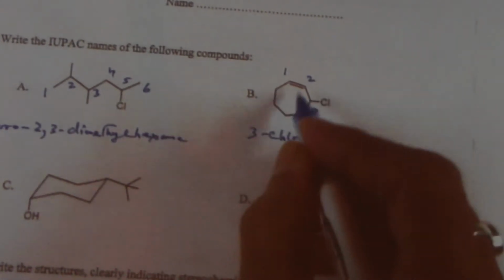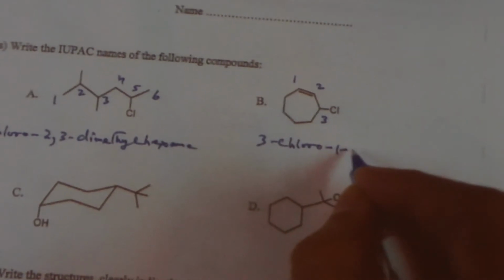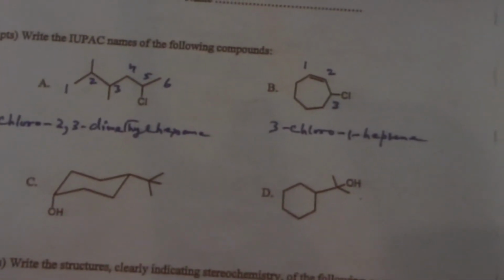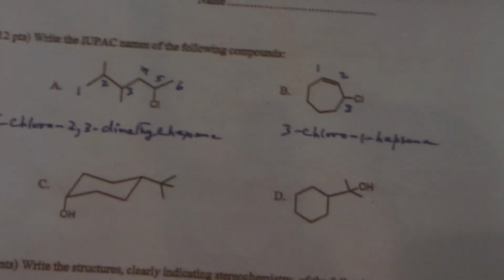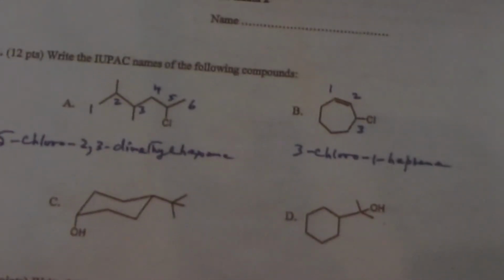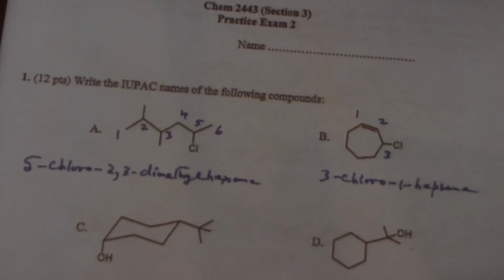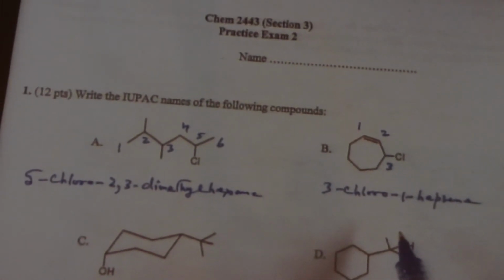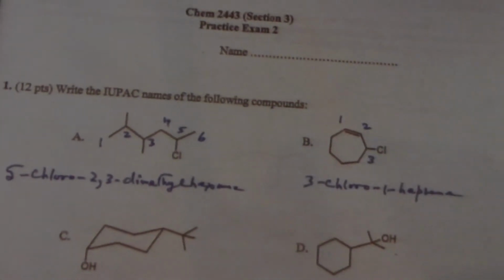This is 1, 2, 3, 4, 5, 6, 7. Even in other cases, it's 1, 2. We did 3-chloro, 1-heptene.